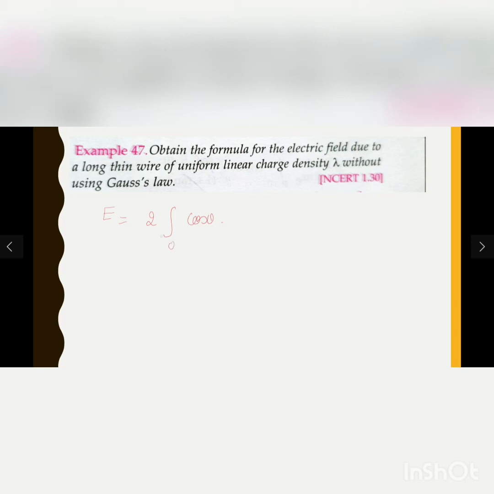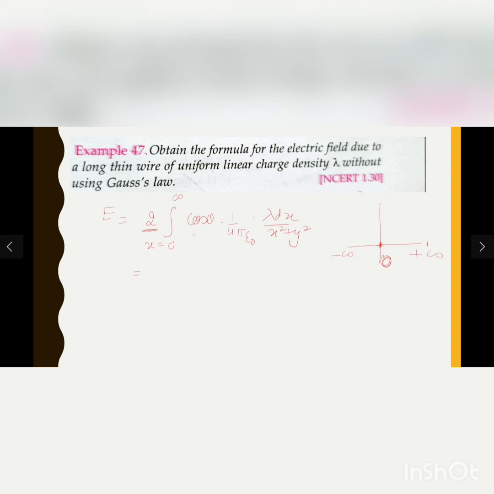So I will not integrate from minus infinity to infinity, but only from origin to infinity, because I have taken the factor of 2 here to account for the fact that they will get added up. 4 pi epsilon naught, lambda dx, x square plus y square remains the same.